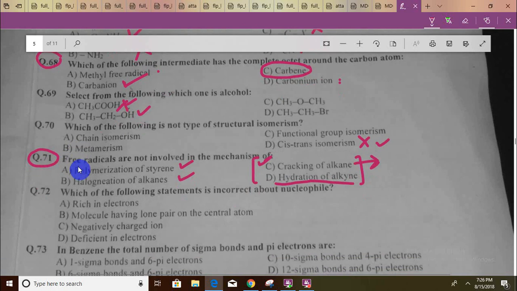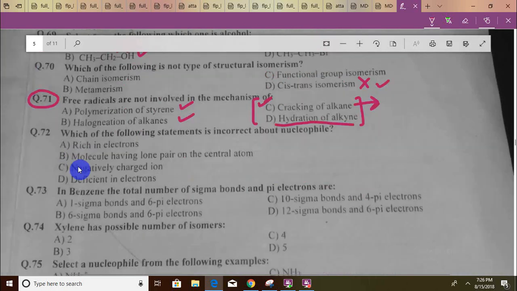So which of the following statements is incorrect about nucleophile? A nucleophile is rich in electrons, that is actually correct. Molecules having lone pair on the central atom, also correct. Oftentimes negatively charged, yes, but not always. Deficient in electrons, nope. This is the answer, this is the incorrect statement.